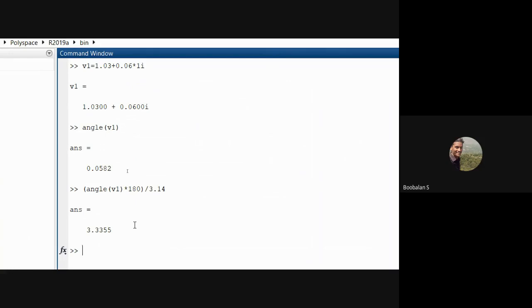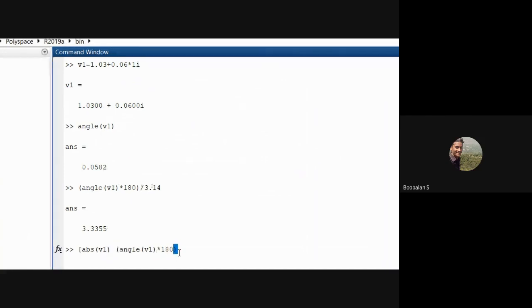Totally, we can calculate both the magnitude as well as the angle, using two things. You could use an array: the absolute value of V1, then in the next column print the angle, the same term, angle of V1 times 180 divided by pi.